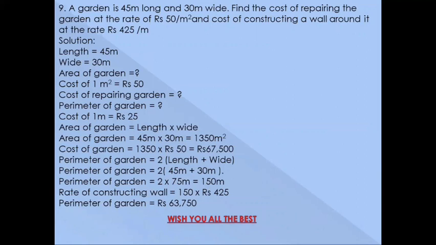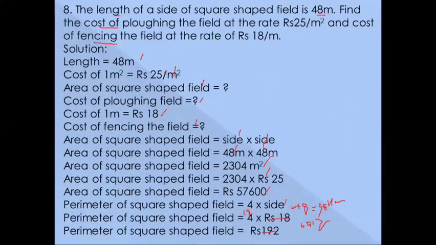Find the cost of repairing the garden at the rate of rupees 50 per square meter and the cost of constructing a wall around it at the rate of rupees 400. So this is the last sum and same, dear students. Here is the same procedure.